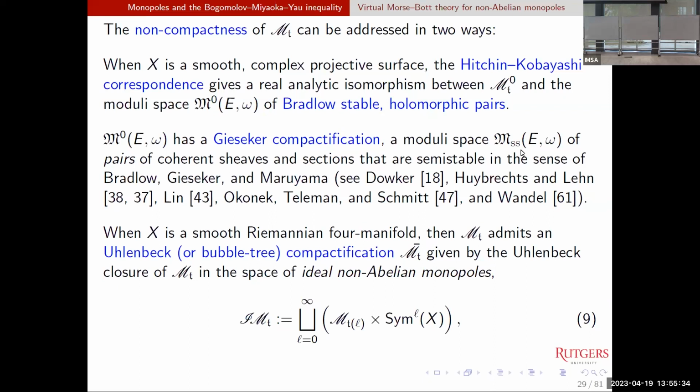So that means that it's also true that you can use a version like the Hitchin-Kobayashi correspondence, to the moduli space of holomorphic pairs over your complex surface. So this is an extension of the idea of Uhlenbeck compactification, and the modularization.